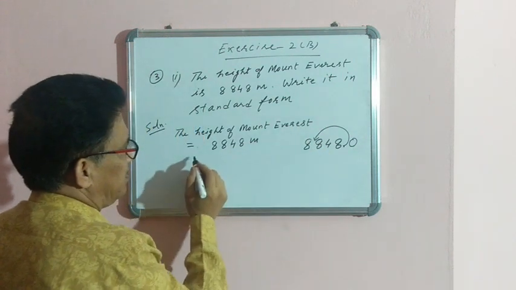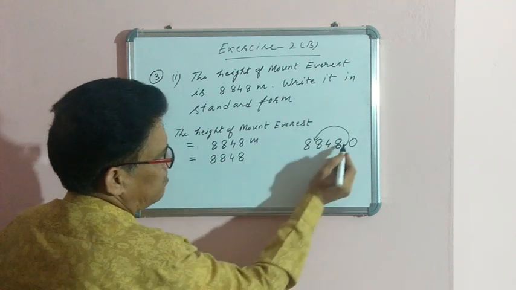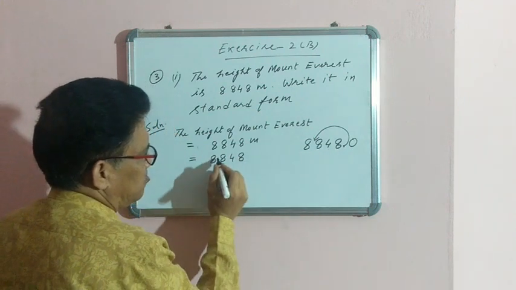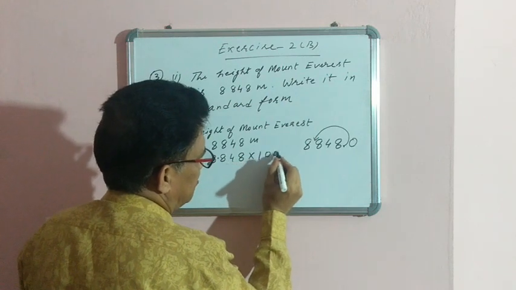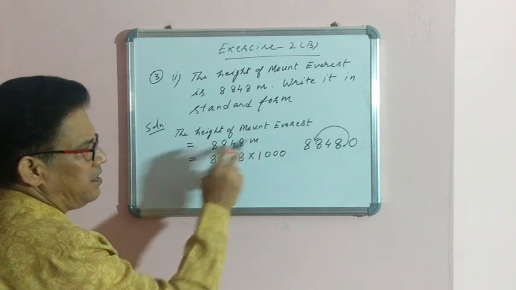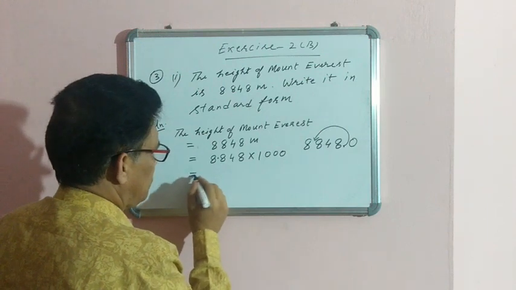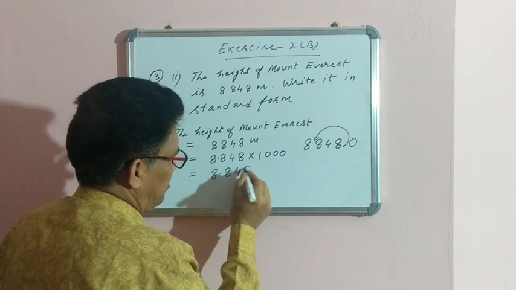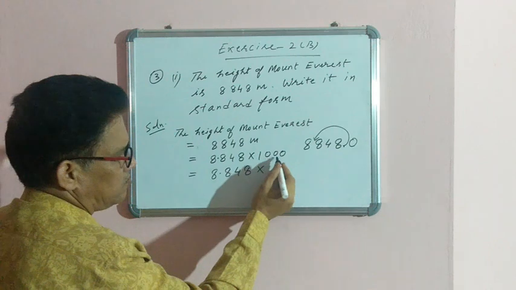So we can write this as 8.848. We are moving this decimal from here to here, 3 places left, so this will be multiplied by 1 then 000. If you multiply this, then again you will get 8848. Now 8.848, how many zeros are there? 1, 2, 3.